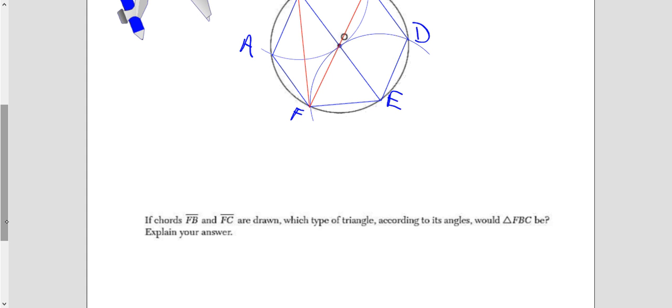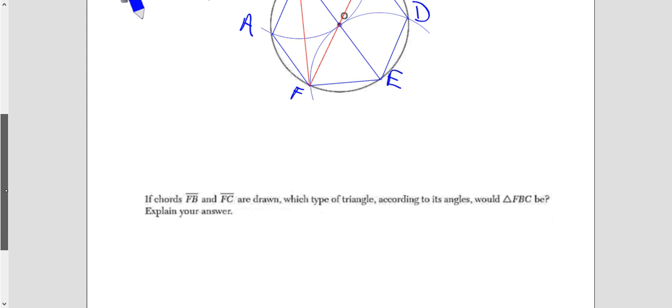Go back in your notes page. So we can say that triangle FBC is a right triangle.